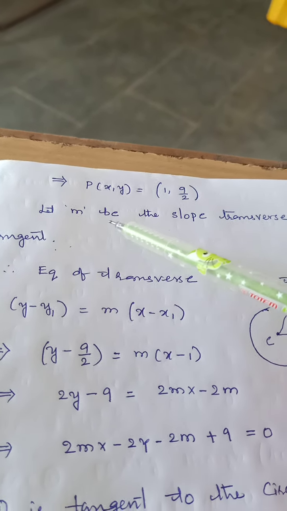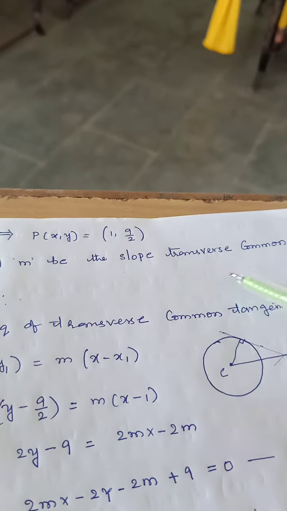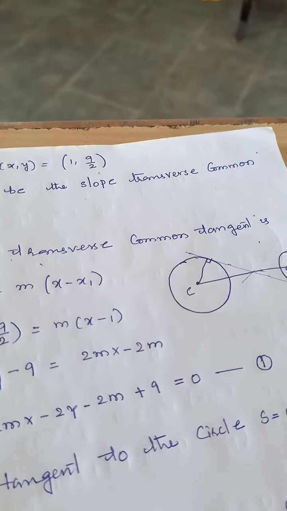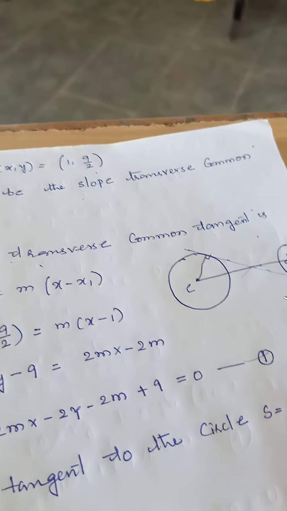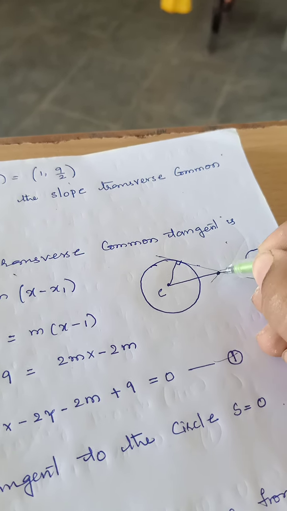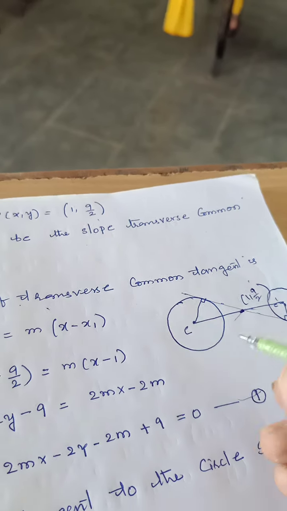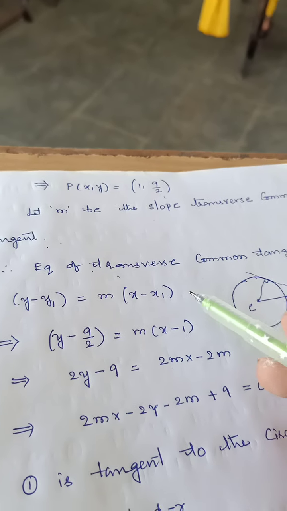We are assuming m is the slope of the transverse common tangent. The equation of the transverse common tangent passes through this point, the internal center of similitude (1, 9/2), with the slope we assumed, m.